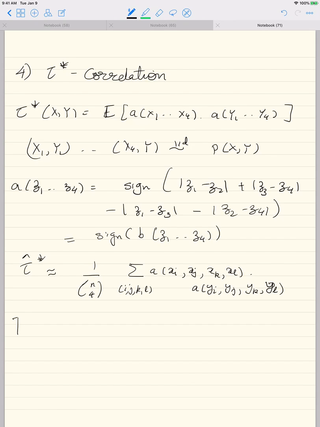And the theorem says that tau star of xy is always positive, and it's a valid correlation measure here. Tau star of xy is 0 if and only if x and y are independent.